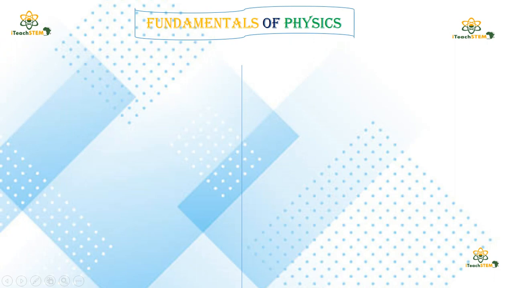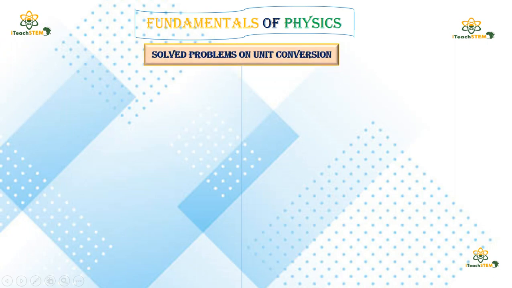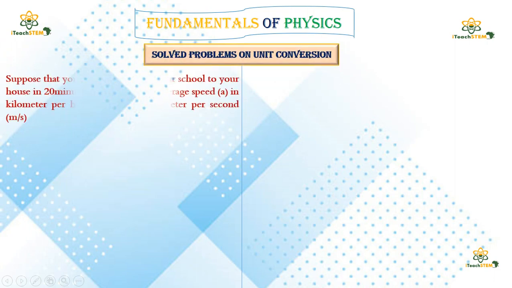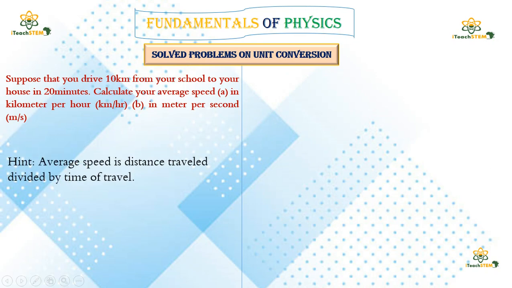So let's take some solved problems. Suppose that you drive 10 kilometers from your school to your house in 20 minutes. Calculate your average speed, A in kilometers per hour, B in meters per second. So to do this, we have been given a hint that average speed is the same thing as distance traveled over time taken.